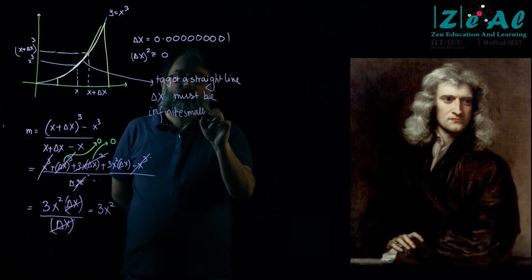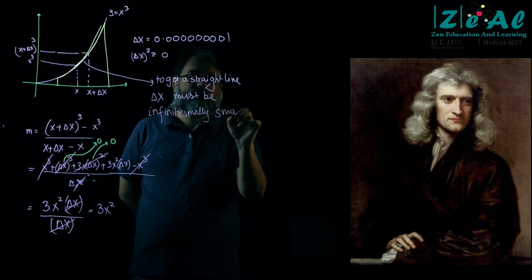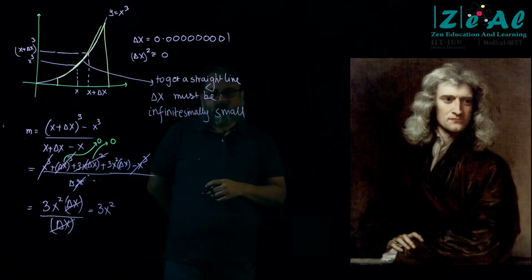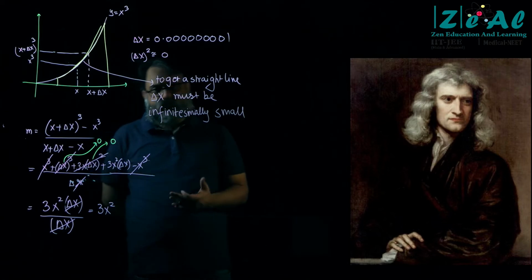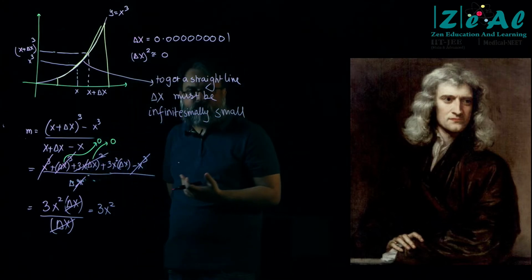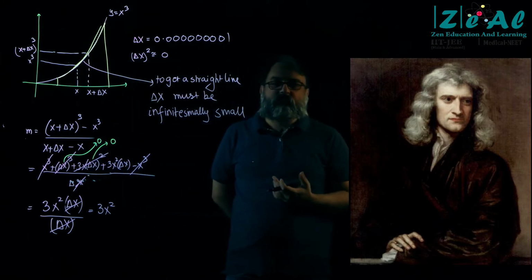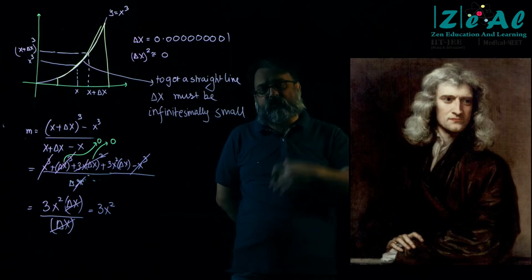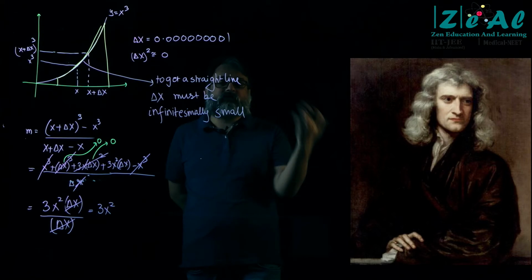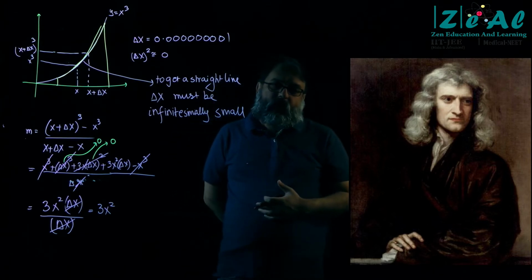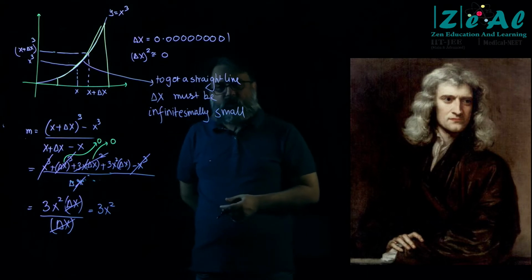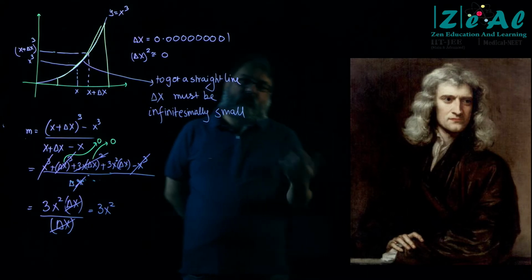But how do you deal with such numbers? What do we mean by infinitesimally small? Well, infinitesimally small means that the number of zeros here must be infinite, extremely large, too large for us to count. I am not going to write that number on the board right now. In fact, nobody can write that number.